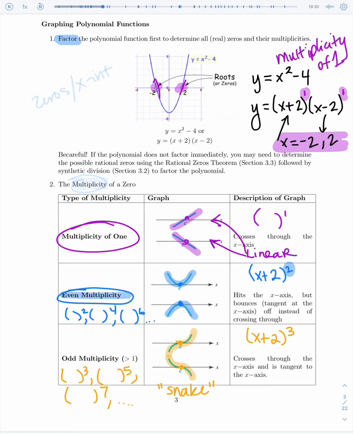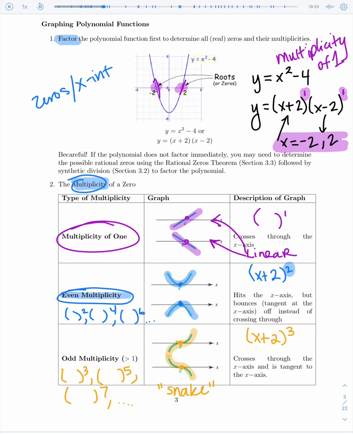The second part is to make sure that we know all of our multiplicities and how that's going to affect the graph. So again, if we factor, we'll find our zeros or x-intercepts first. Then we'll go after their multiplicities. Then we want to look at plugging in 0 for x.